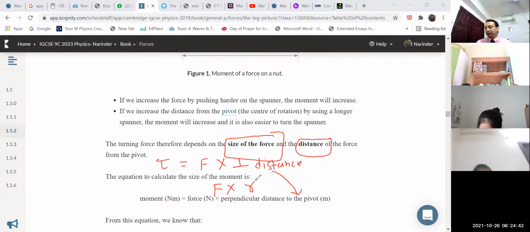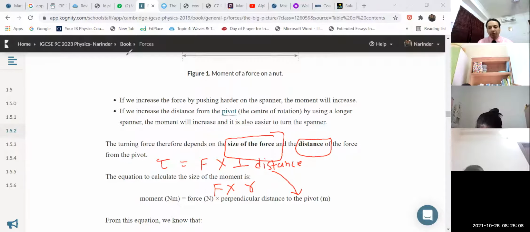Longer length of spanner means a larger R from the axis, the axis being the nuts, when we replace the tire on the car. R is large, the turning effect will be higher, and that will make it possible to unscrew the nuts from the car. So that is one thing, children.